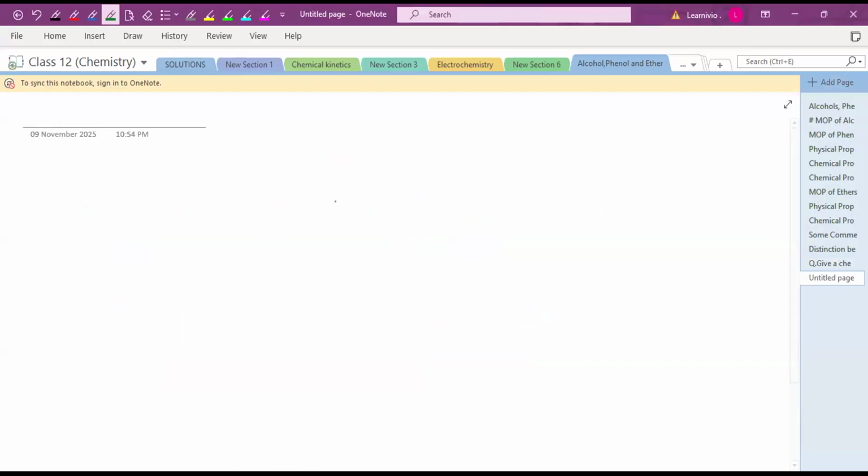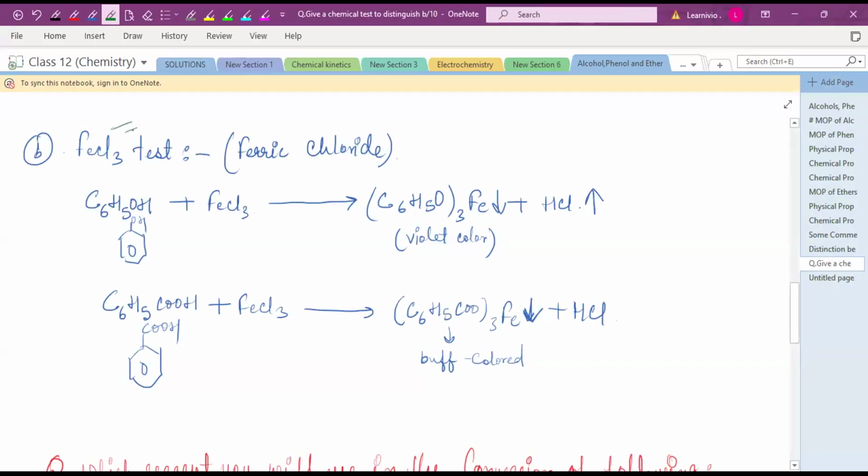The ferric chloride test is used to detect the presence of phenols and other compounds with a hydroxyl group, with OH group attached to the aromatic ring, such as enols, oximes, sulfonic acids like this.